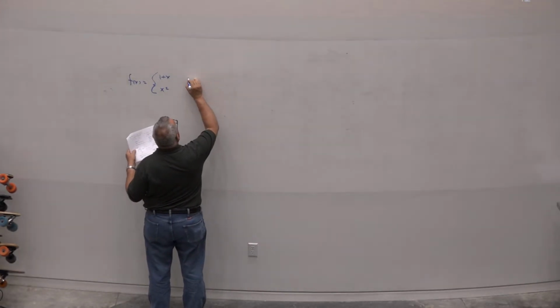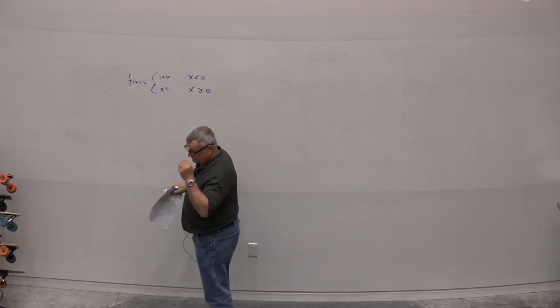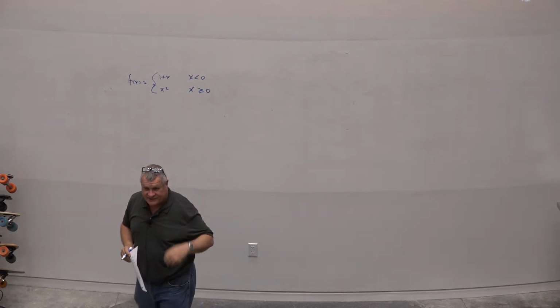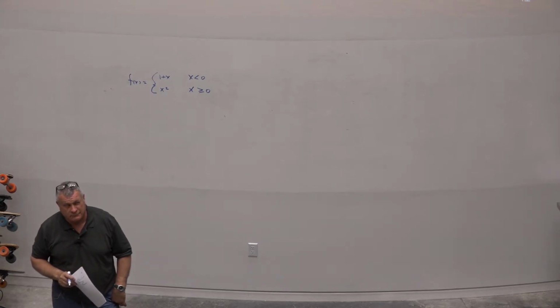Okay, so this is a function. It's in pieces, right? And we want to be able to sketch this. Now, again, on your quiz, you're definitely going to see something like this.